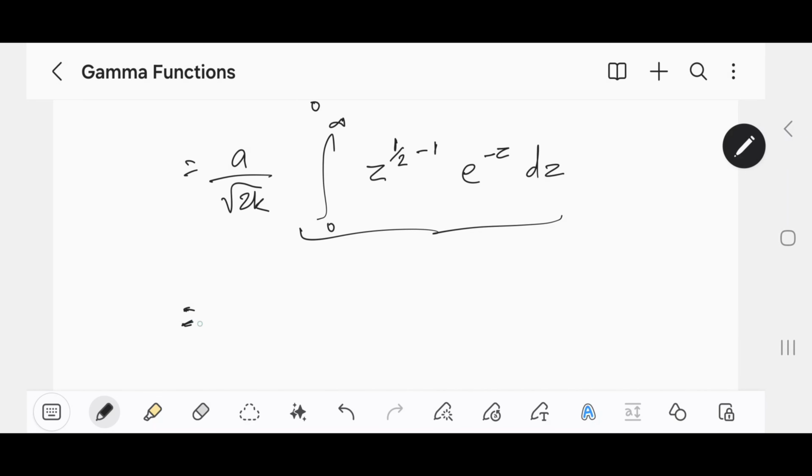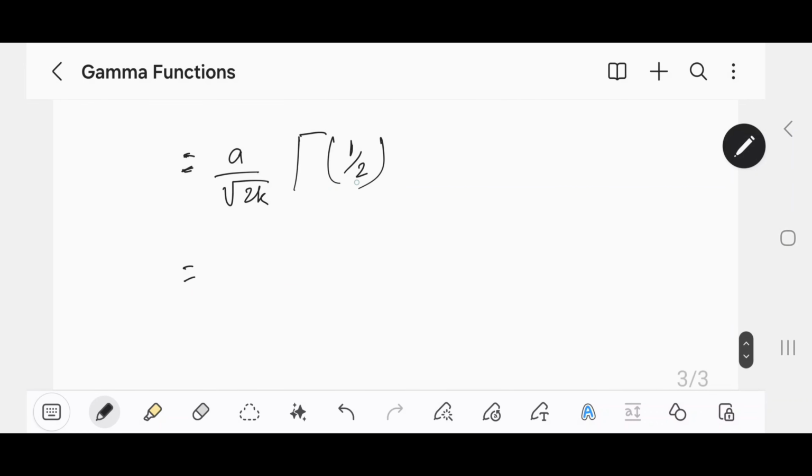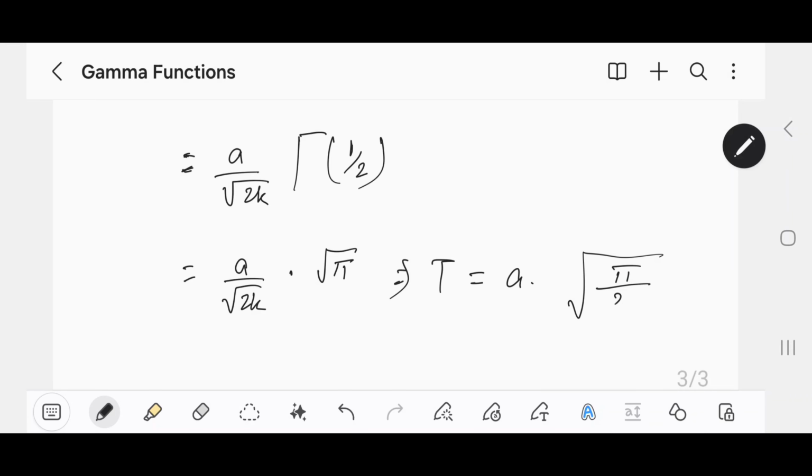So a by root under 2k is a gamma function of 1 by 2, and we also know the gamma function has value root pi if n equals 1 by 2. So a by root 2k into root pi, and finally the time required will be a times root under pi by 2k. Hence proved.